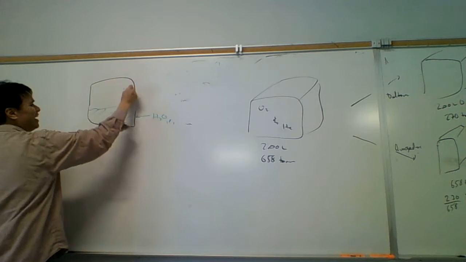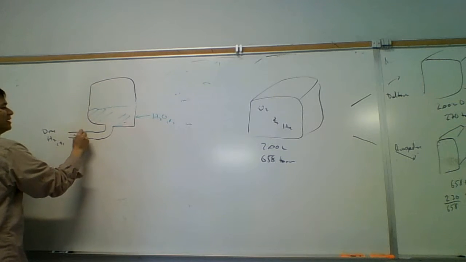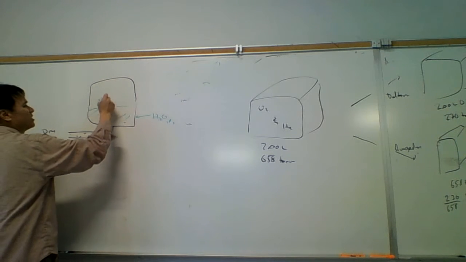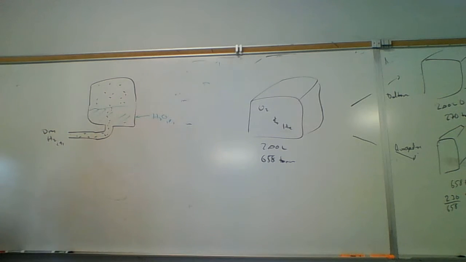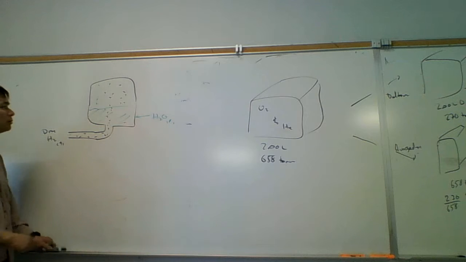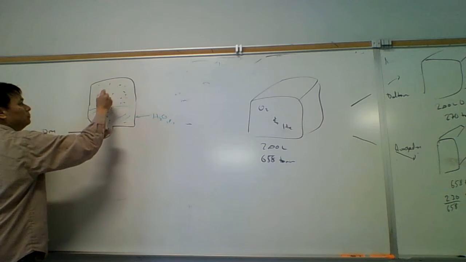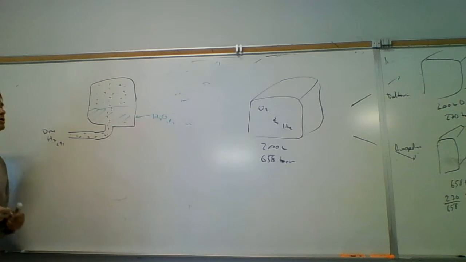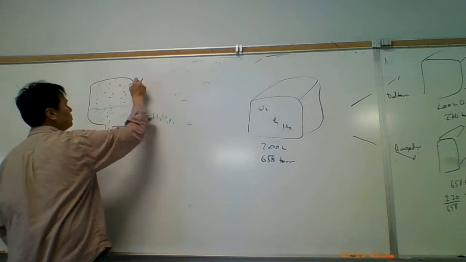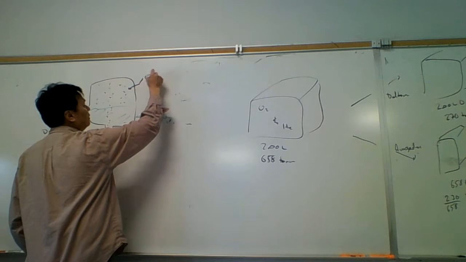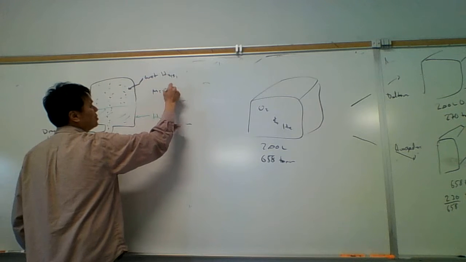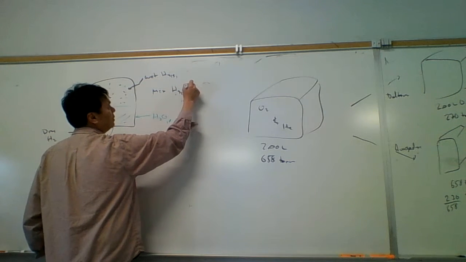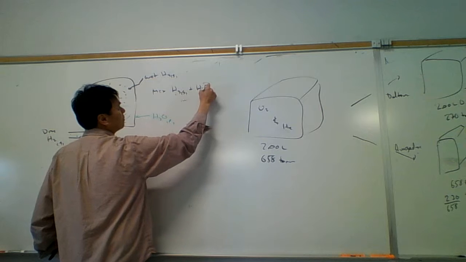The hydrogen gas gets saturated with water vapor. So the hydrogen gas comes up here, we have the hydrogen gas collecting up here, but also collecting up there are gaseous water molecules. And so we end up with something called wet hydrogen. Wet hydrogen is a mixture of hydrogen and water vapor. So wet hydrogen is a mix of H2 gas and H2O gas.